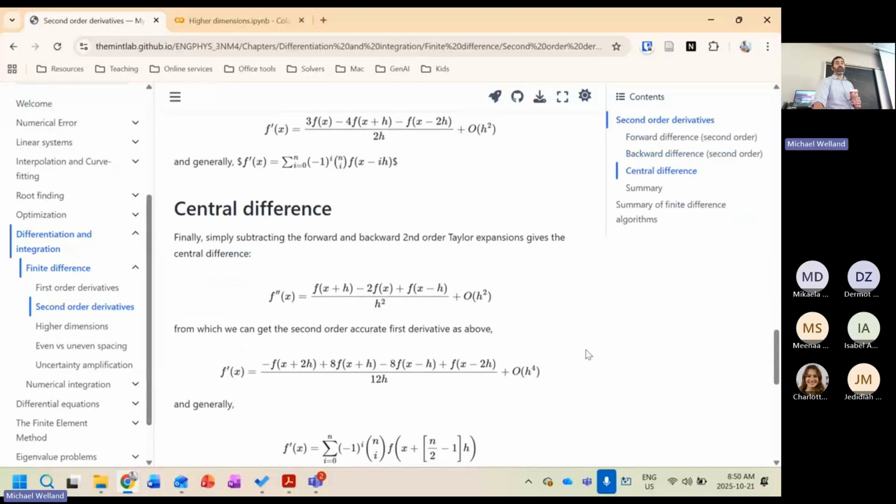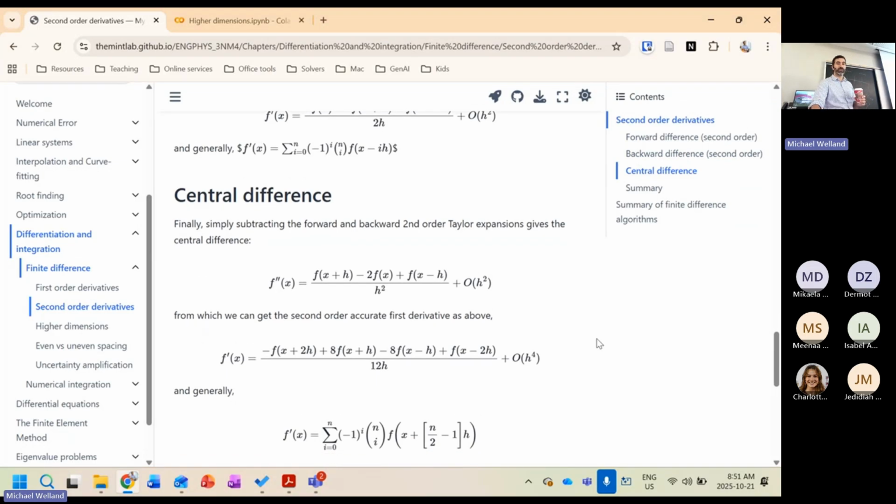Central difference. You could also do this. We could also get a higher accurate central difference formula by doing the exact same approach as we did before. So what we had was, let's see, if we subtract the forward and backward second order expansions, we get the central difference.